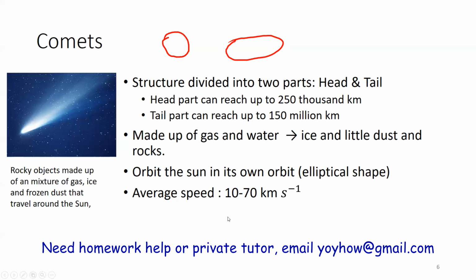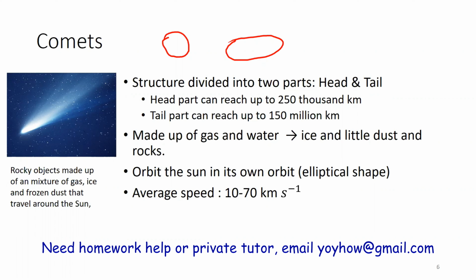So the average speed for your comets to travel is around 10 to 70 kilometers per second. Of course, this very much depends on the type of comet that you have.